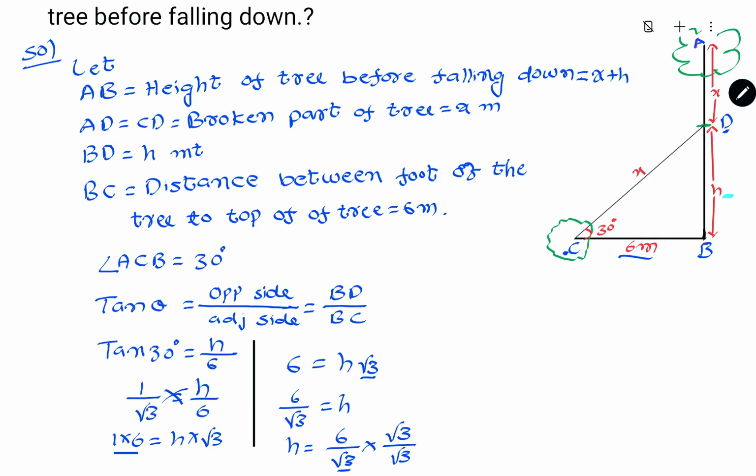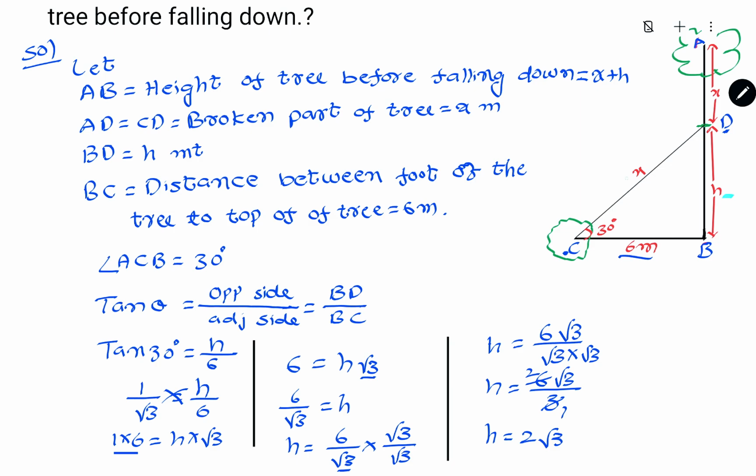Suppose if there is root 5, we have to multiply and divide with root 5. h is equal to 6 into root 3 by root 3 into root 3, which is 3. 3 twos are 6, so h is equal to 2 root 3.